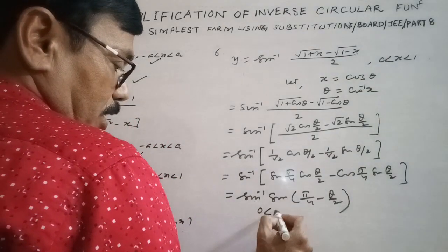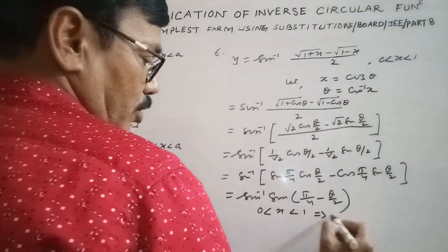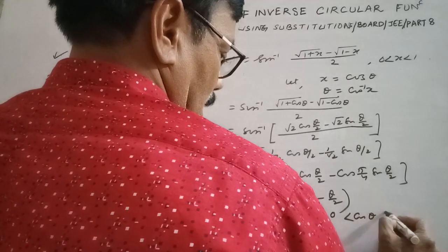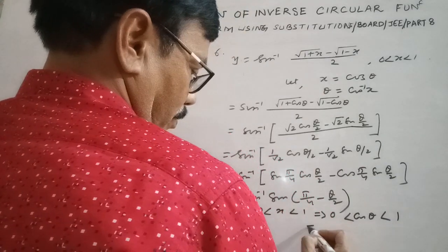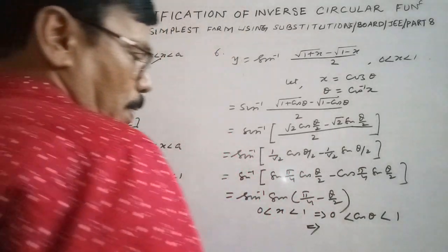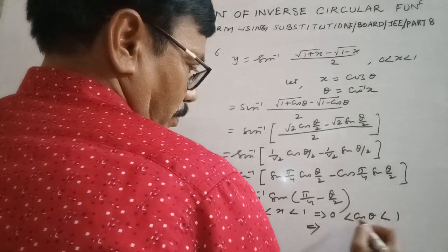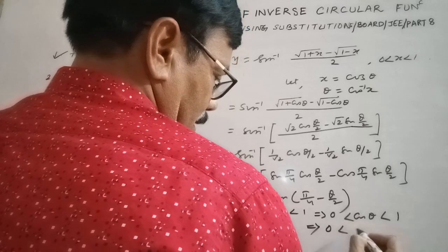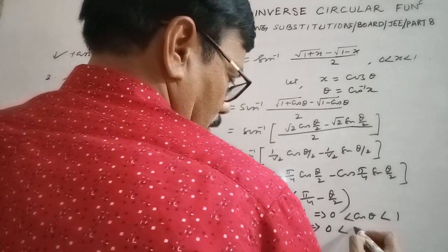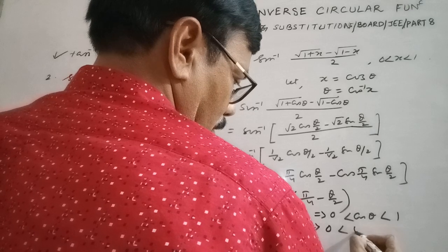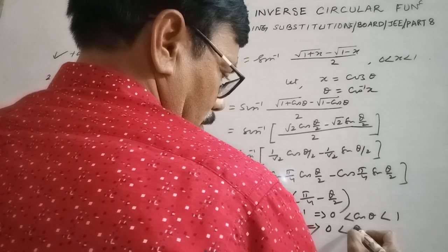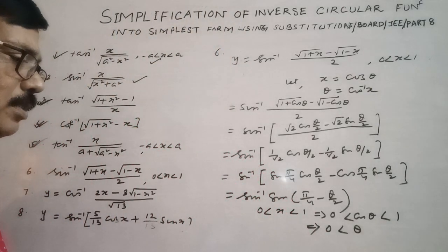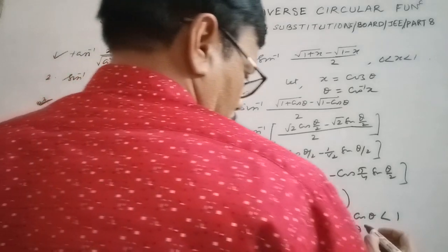So look, 0 less than x less than 1 implies 0 less than cos theta less than 1. Cos theta is 1 at 0 and cos theta is 0 at cos pi by 2.